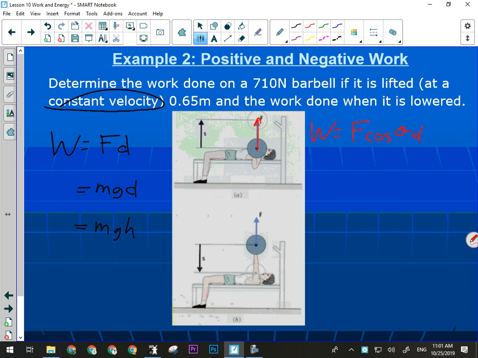Now, when I lower the barbell back down, I exert a force upwards, but the barbell moves downwards, which is how many degrees? 180. What's the cos of 180? -1. So if you plug this into your calculator, you get the positive and negative answers you're supposed to get when we were talking about how one is a gain and one is a loss of energy.